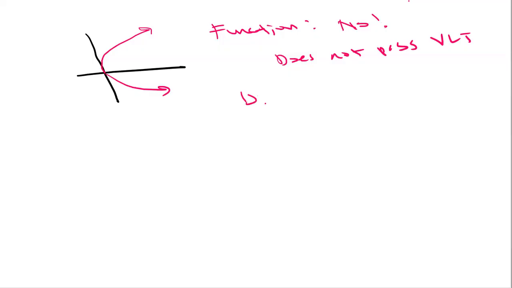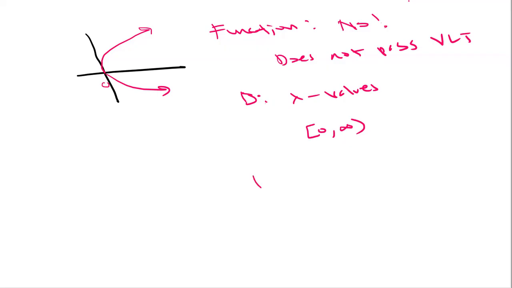The next part it's going to ask you is what's the domain of this? Remember the domain are your x values. So in this case, the domain will start at 0 and it goes to infinity. So I would write it as 0 to infinity.